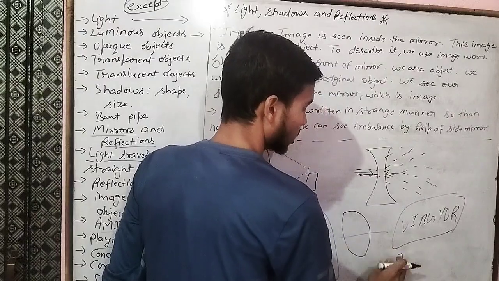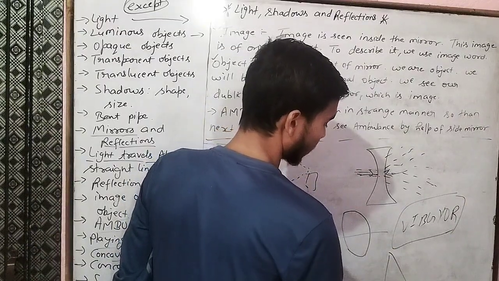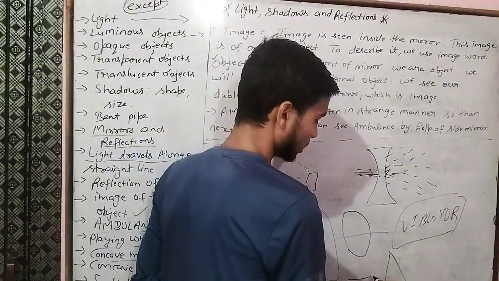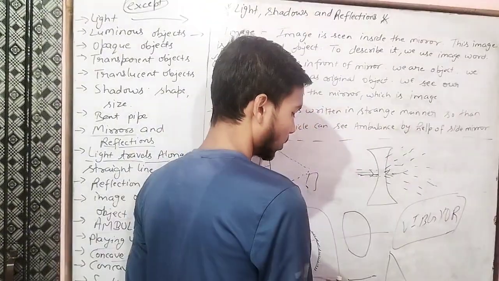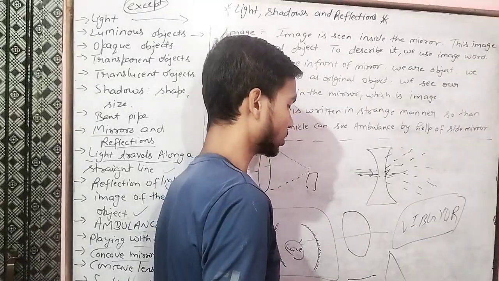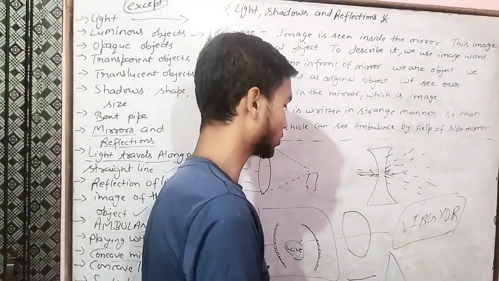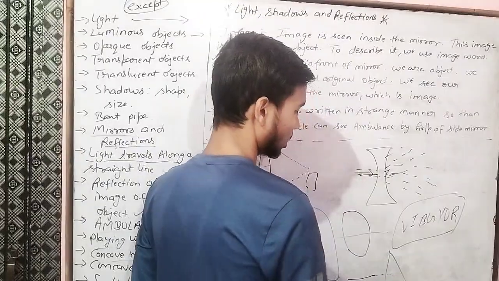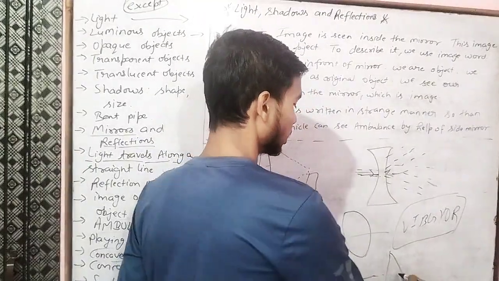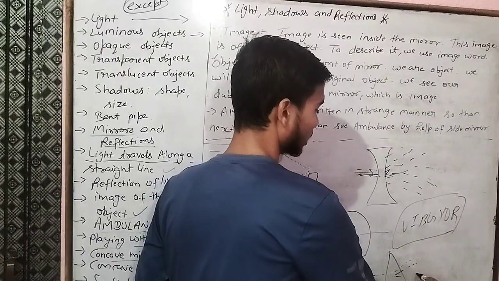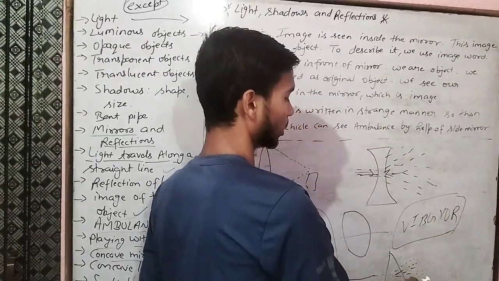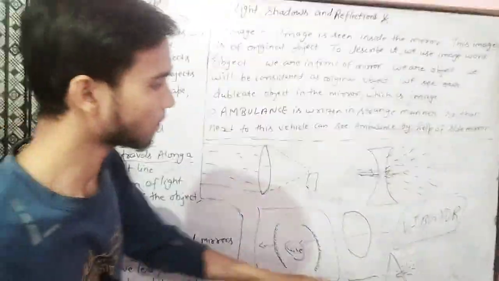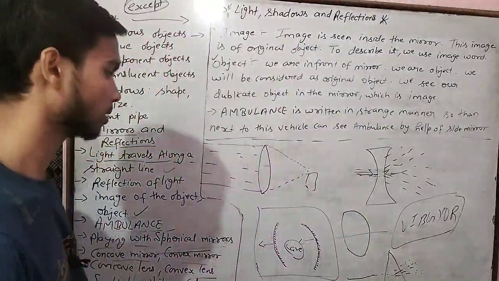By using a prism, we can see the seven lights in one white light. We hold this light on this prism. A prism is a transparent object. It will split the light. Now as this light crosses through the prism, it will split into seven colors: violet, indigo, blue, green, yellow, orange, red.